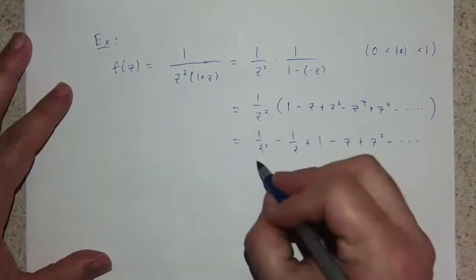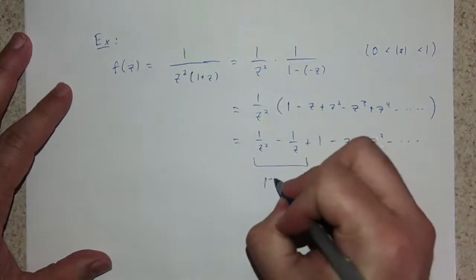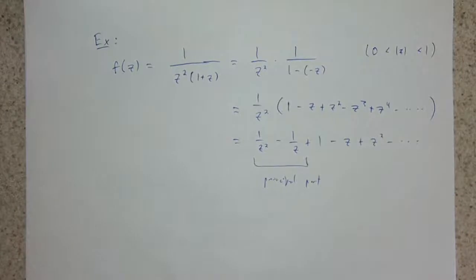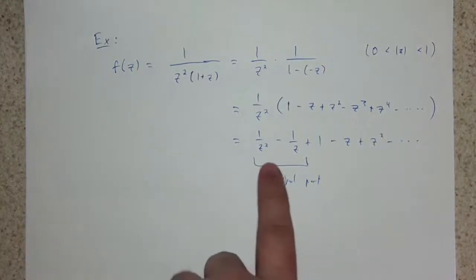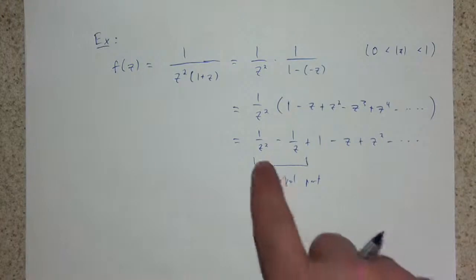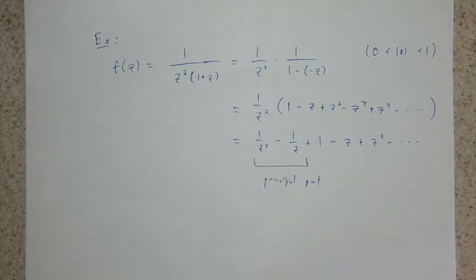Okay, but this is the principal part, right? And for the principal part, what's the highest index showing up here? Well, it's the second one, right? It's the second power.